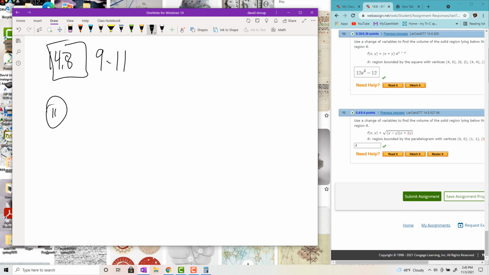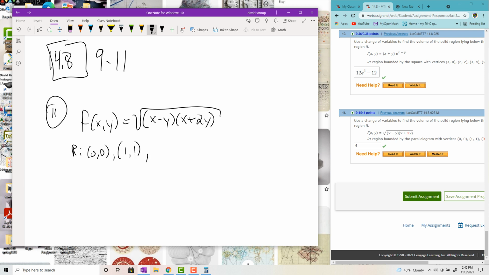Okay, so we have f of xy equaling the square root of x minus y times x plus 2y. Our region is 0, 0, 1, 1, 3, 0, 2, negative 1.